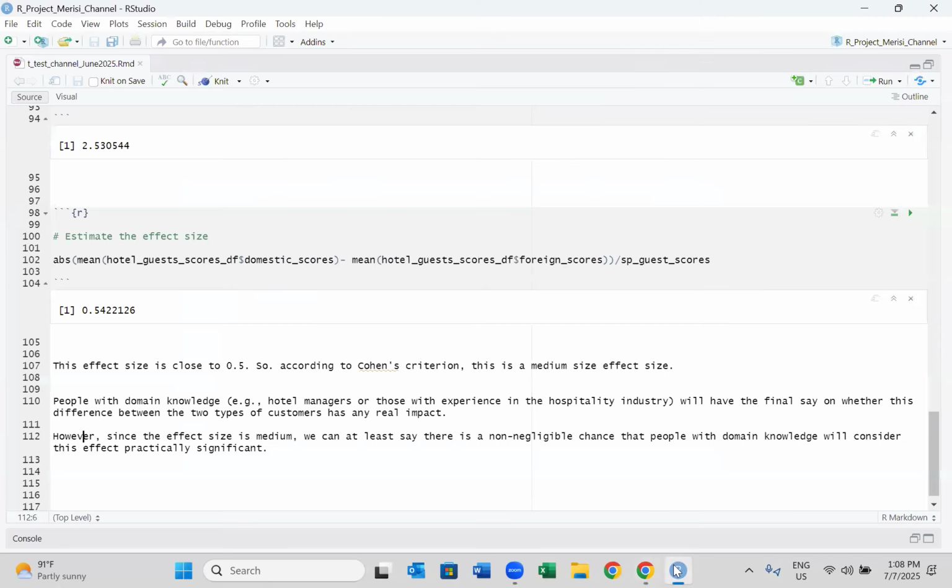All right, guys. So this concludes this two-part video where I show you how to do a t-test and how to evaluate statistical significance, which we evaluate using the p-value, comparing the p-value to alpha. When the p-value is less than alpha, we conclude that the difference we observe in the sample also holds at the population level, that the difference is statistically significant.